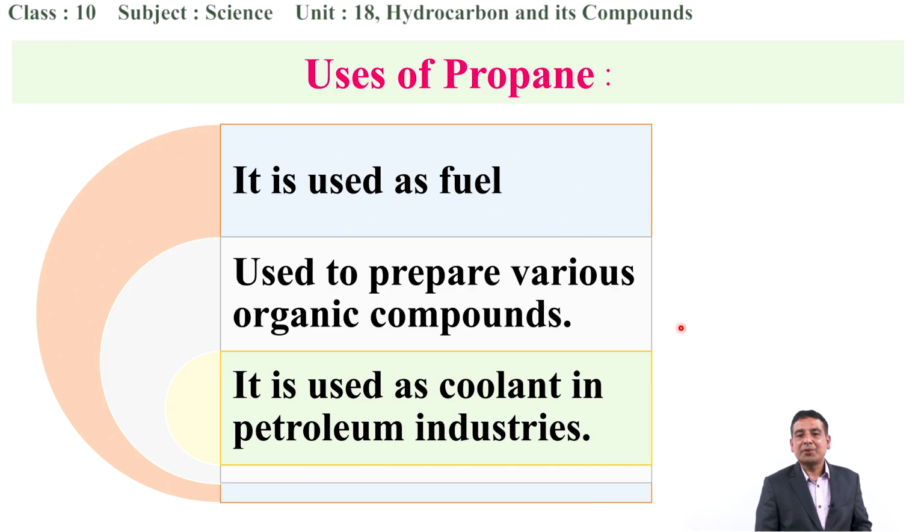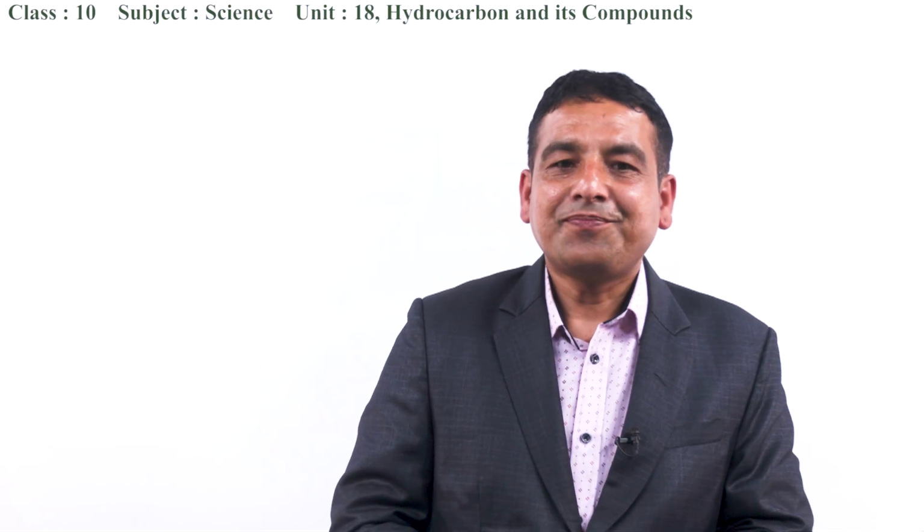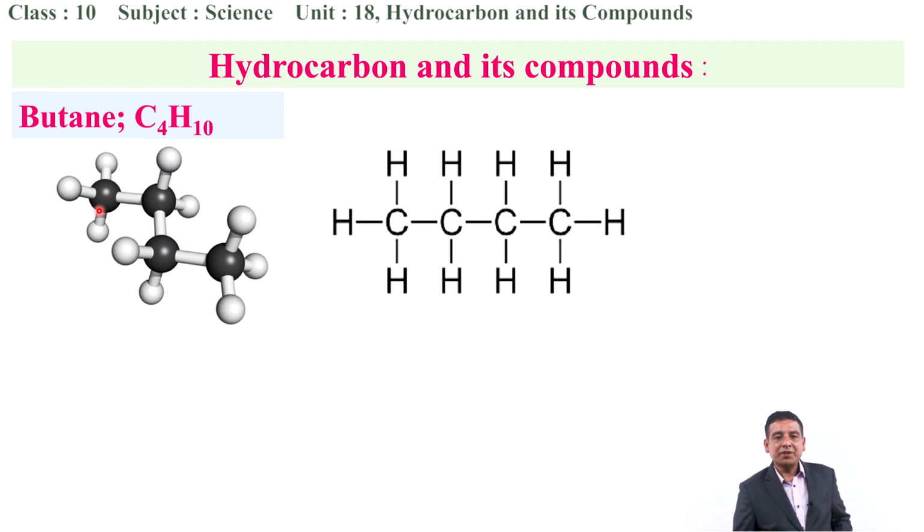Similarly, we are talking about the next one after propane. Which compound will be the next one? Yes, butane. Now the structure, I have already shown the structural form of these hydrocarbons in my previous class. I think you have already watched these classes.